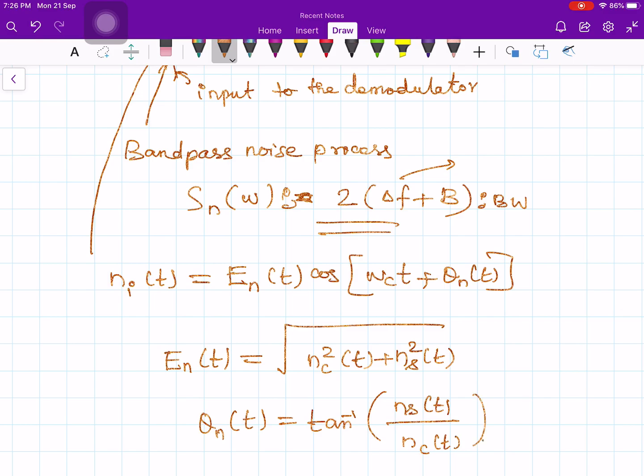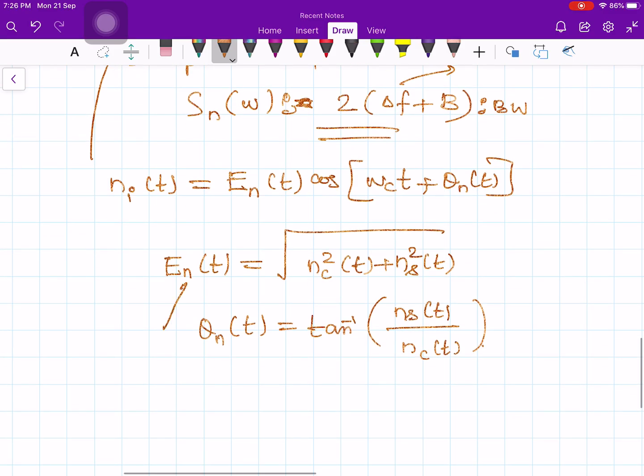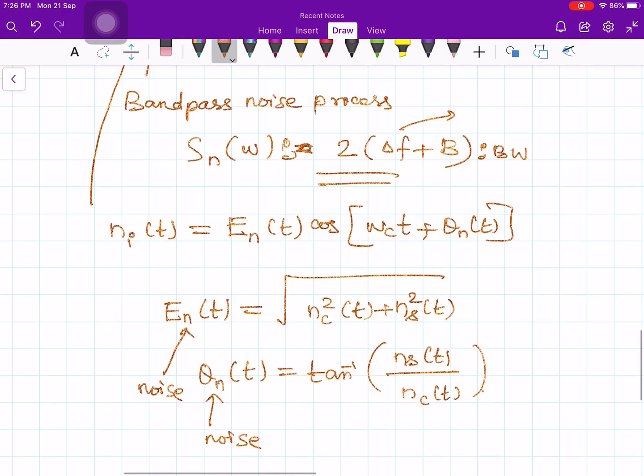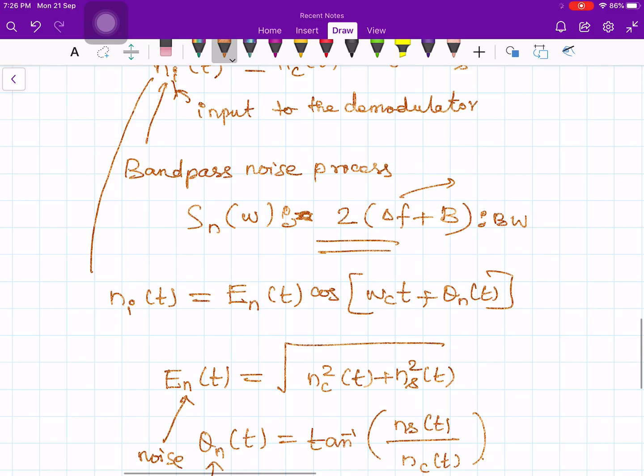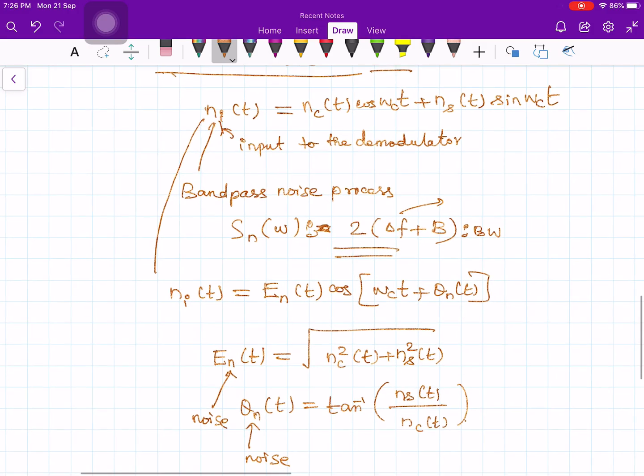The subscript n indicates noise. Okay, so far so good. So En of t is this one and theta n of t is this one.